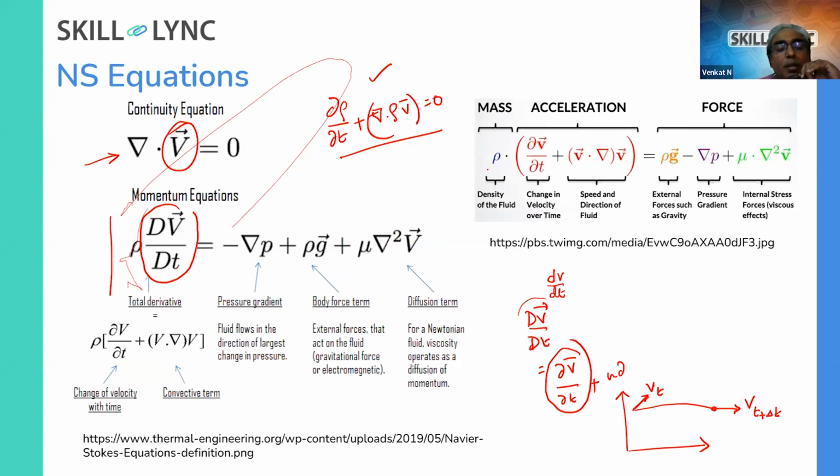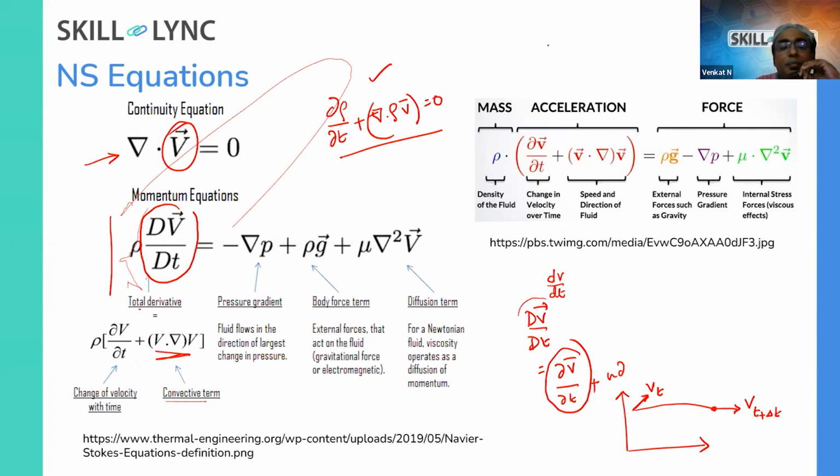So that is the total derivative, the substantial derivative. It's nothing but the change of velocity with time, and also the convective term, because the velocity is getting transported. The particle is moving in the flow, and its velocity is continuously changing in time. The velocity is a vector, and the direction also is changing. So that is why we have this extra convective term.